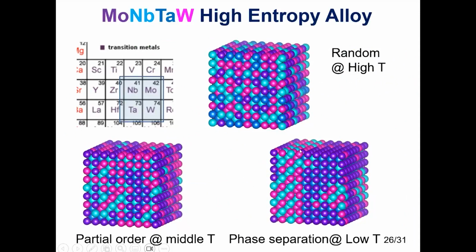But then we're left over with Nb and W, which themselves do have a certain chemical ordering preference. But at high temperature or intermediate temperature, we do have random substitution of pinks and purples. Okay, so the pinks and purples are not strictly ordered at intermediate temperatures.